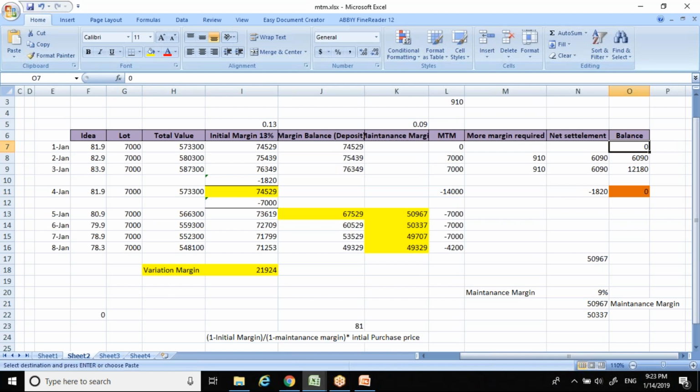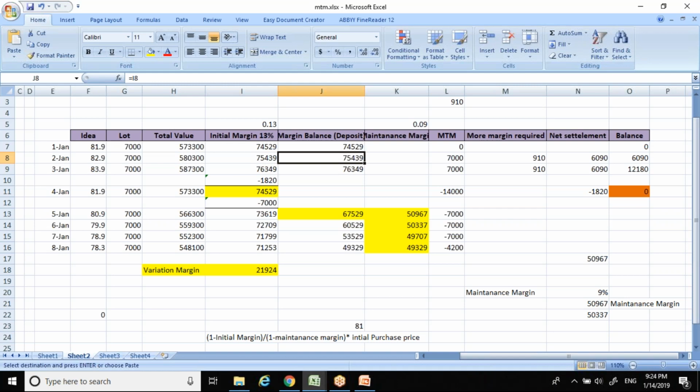Now, luckily on 2nd January, the price increased to 82.9 rupees per share. With a lot size of around 7,000, the total value increased to 580,300. The initial margin requirement on 2nd January is 75,439.